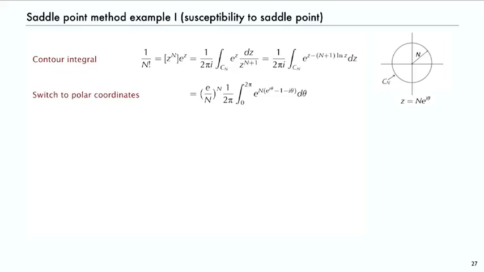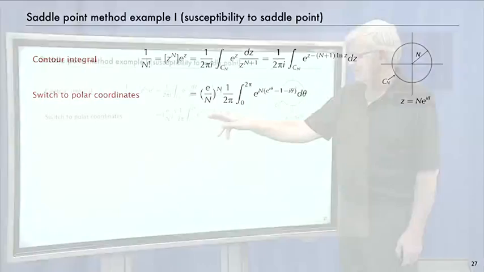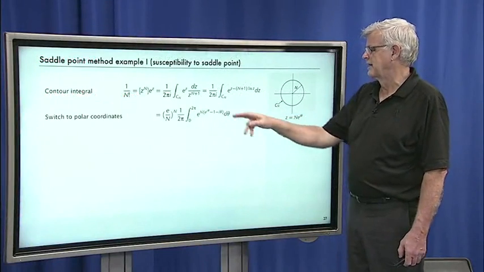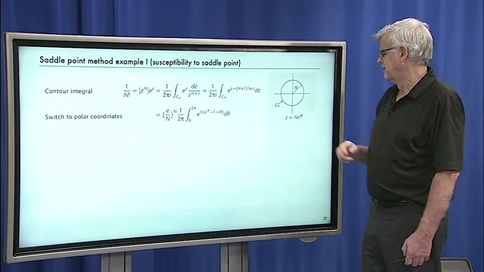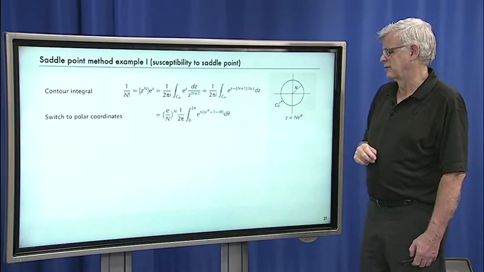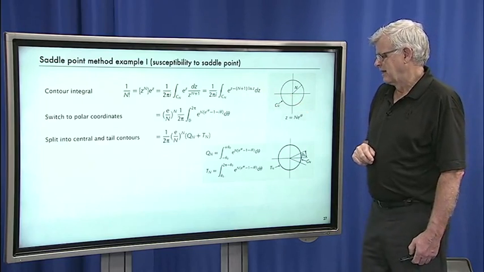So first thing is to just switch to polar coordinates, z equals n e^(i theta), and you just plug that in there, and most of it comes out, the e^n over n comes out, and all that's left is the integral from 0 to 2 pi of e^n (e^(i theta) minus 1 minus i theta). That's just a simple substitution.